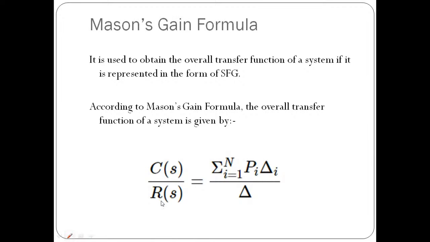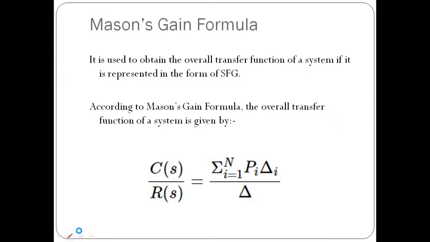So the ratio C(s) by R(s) indicates the transfer function, and on the right hand side we have the summation, i varying from 1 to n, of P_i delta_i divided by delta.